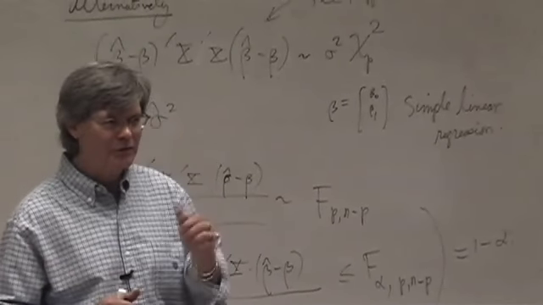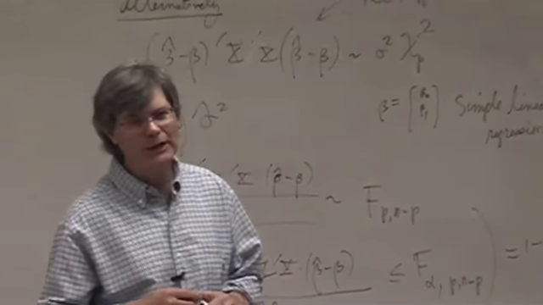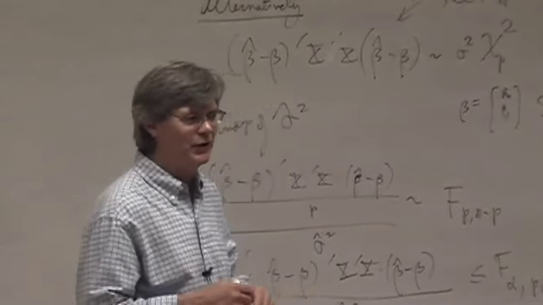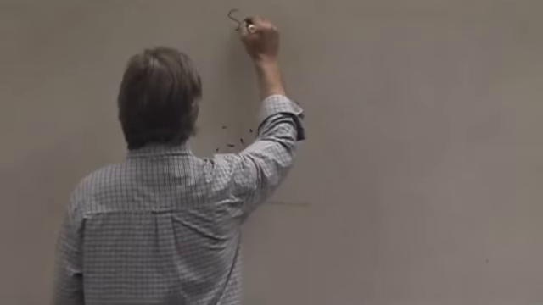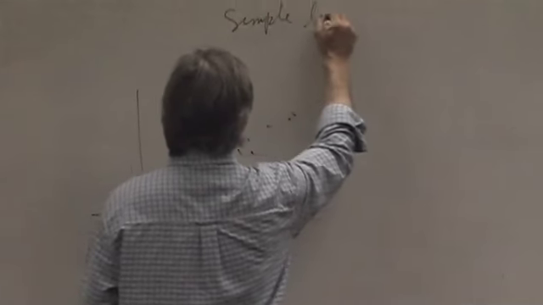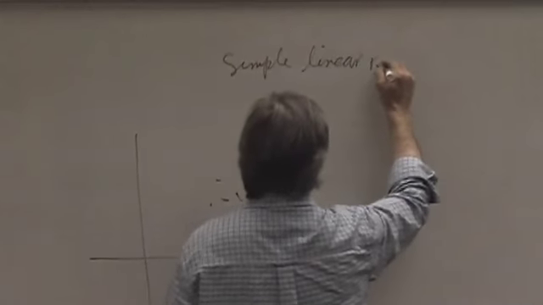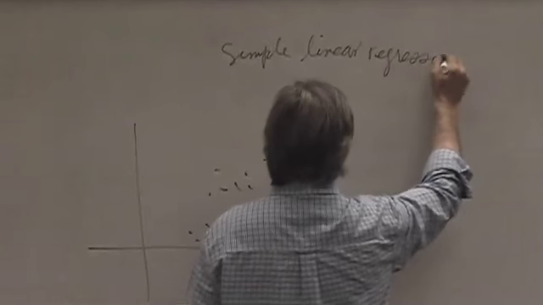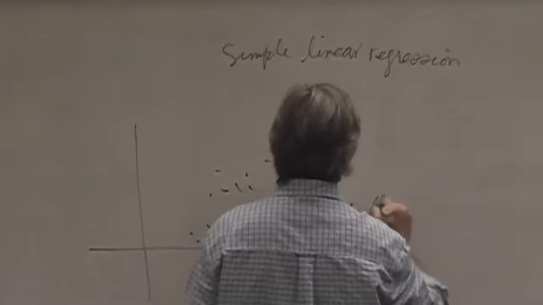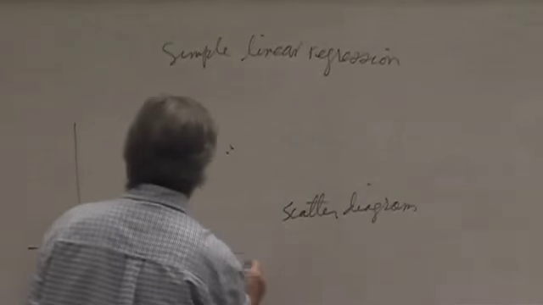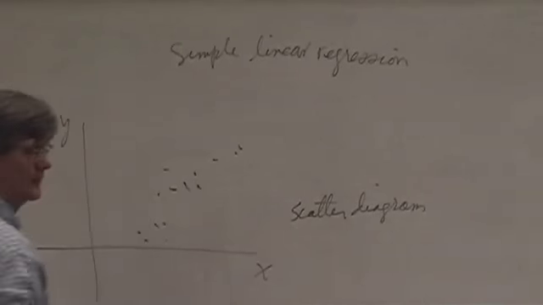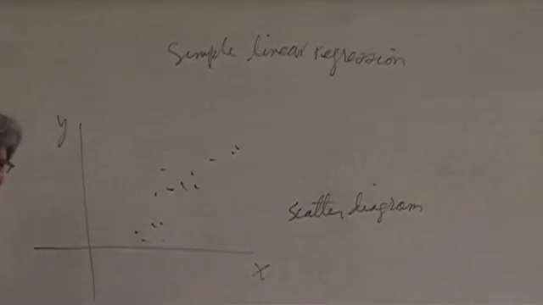Okay, let's recall something about simple linear regression, which maybe you had in the beginning course or not. They kind of try to drill it into your head there. That if I have an XY plot in simple linear regression, and this is the scatter diagram, X and Y, just good old one X variable, one Y variable.